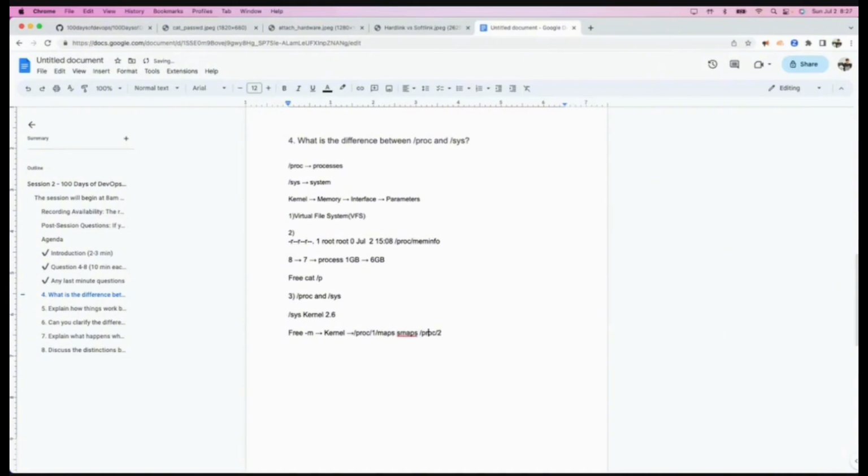It will look inside all these files, do all these calculations, and present an output which we can understand for this free -m command. At that moment, when it is doing all this calculation and presenting it to us, it is writable, but the rest of the time you will just see it as a virtual file system.